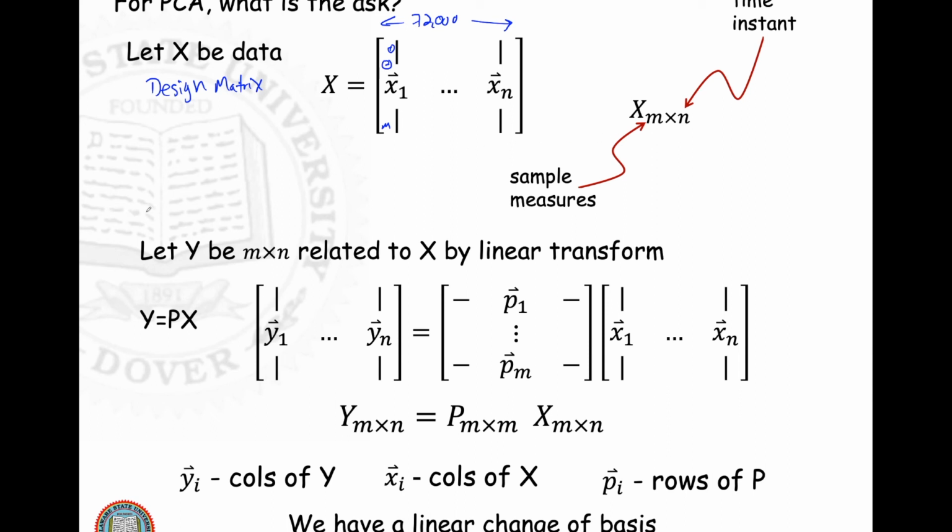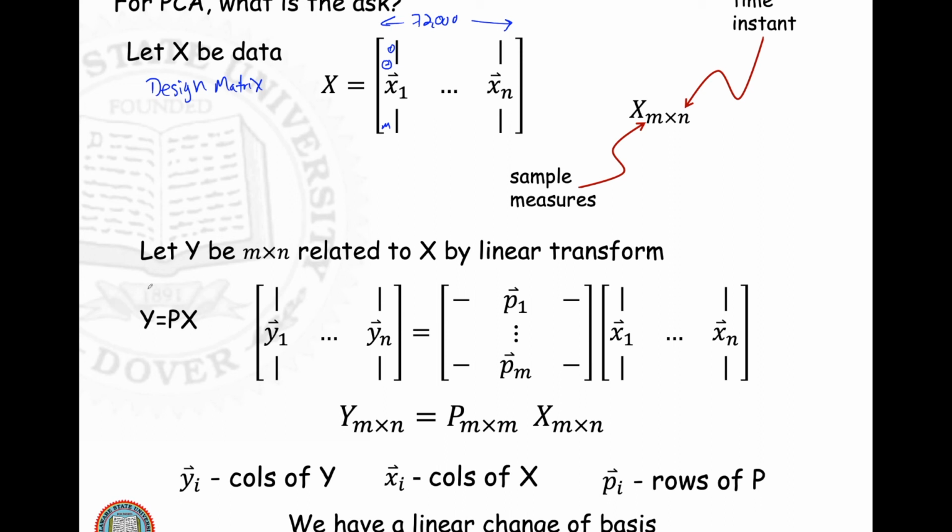So let's define the result of a linear transformation, which is the transformed version of each one of these data points in the new basis representation. Let Y be related to X, our original design matrix containing our data, by a linear transformation.